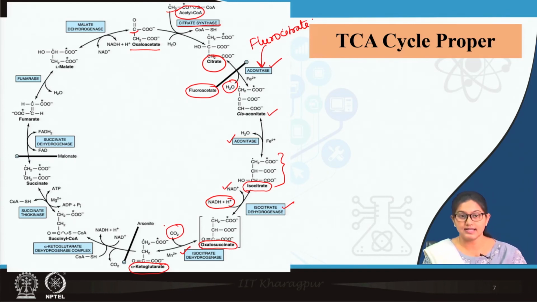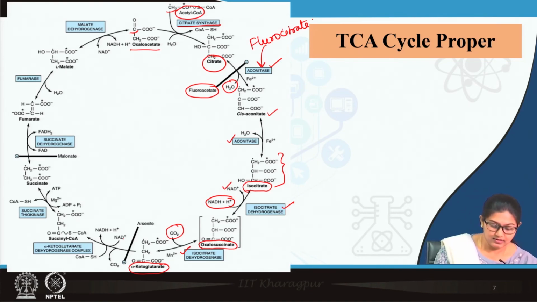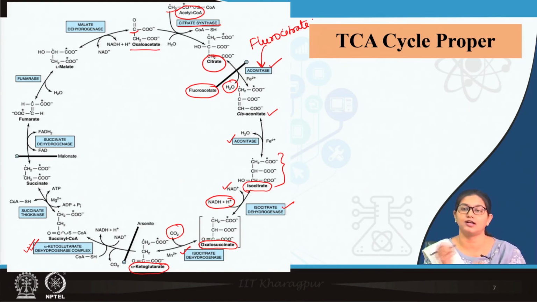Next, this alpha ketoglutarate once again undergoes another step of oxidative decarboxylation with the help of the enzyme alpha ketoglutarate dehydrogenase. Now, alpha ketoglutarate dehydrogenase is a complex which is similar to pyruvate dehydrogenase complex.